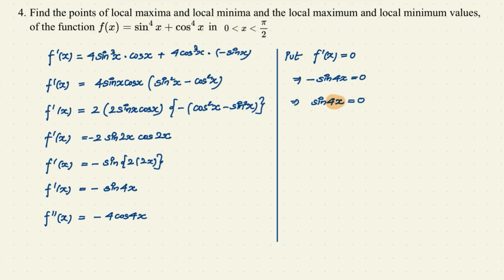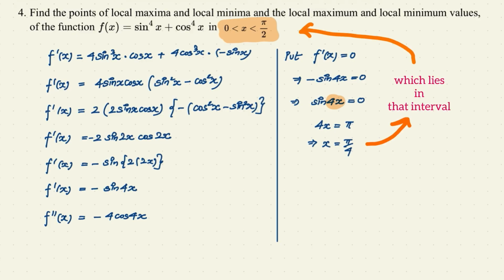So it can take any values of n pi. But we have to also notice that x lies between 0 to pi by 2, and this is only possible when 4x is equal to pi. So from here we got the value of x as pi by 4, which is our critical point.